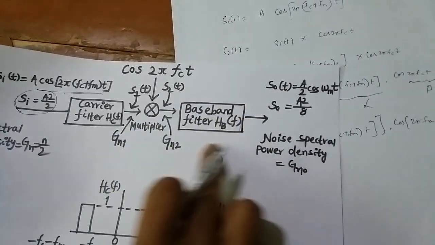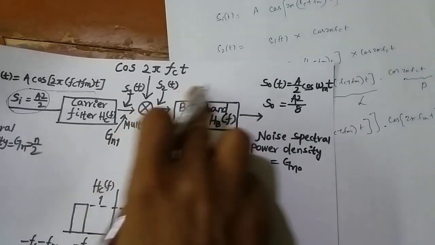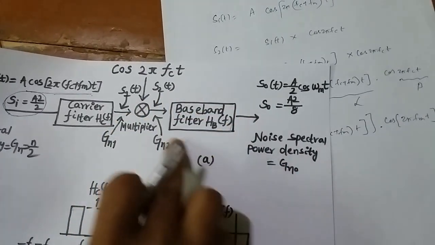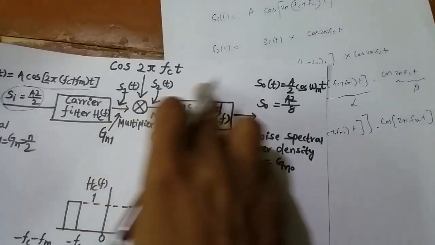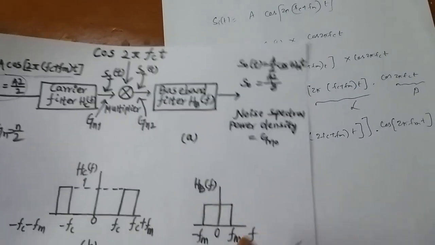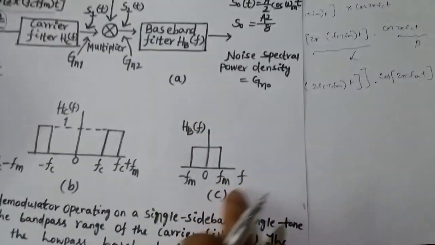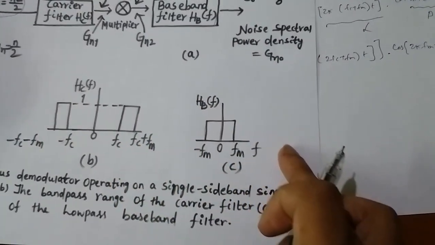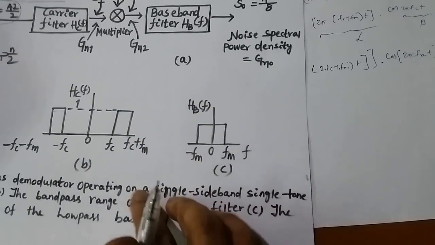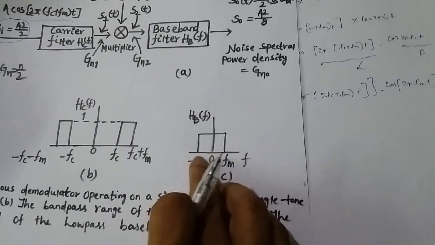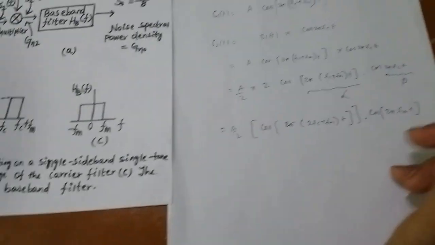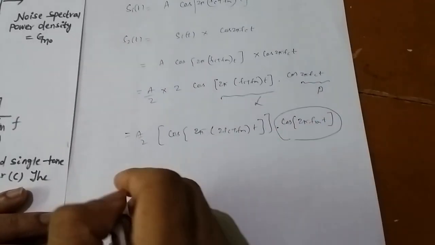Now this is passed through a baseband filter. This baseband filter is a low pass filter which has a spectrum like this. So it only allows the frequency from minus fm to plus fm. So only this portion is filtered out.